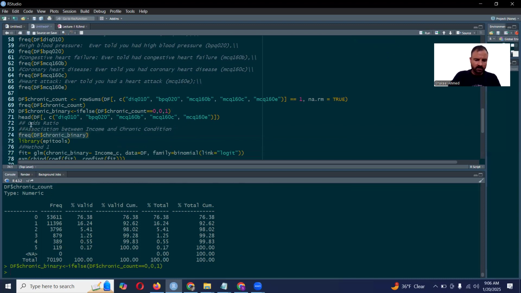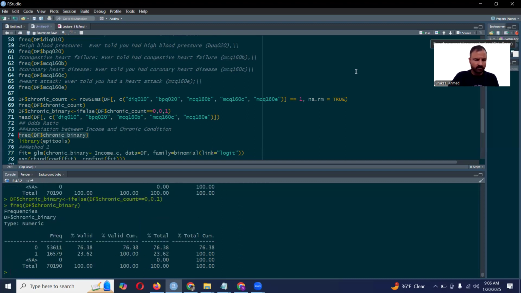You can just run this command, and we can run the epitools command that is required for computing the odds ratios.